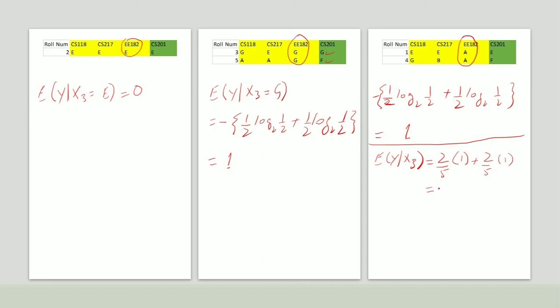So the answer is 0.8. Okay, so for information gain I would use this value, and the information gain from this particular attribute would be 1.53 minus 0.8, which is equal to 0.73.